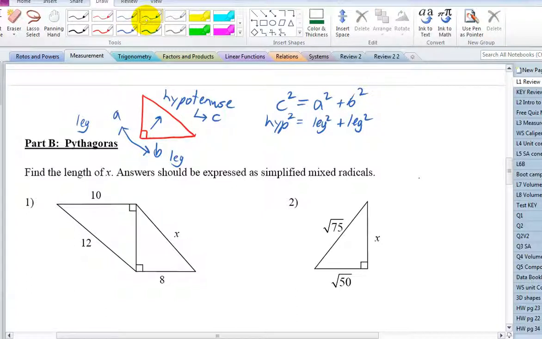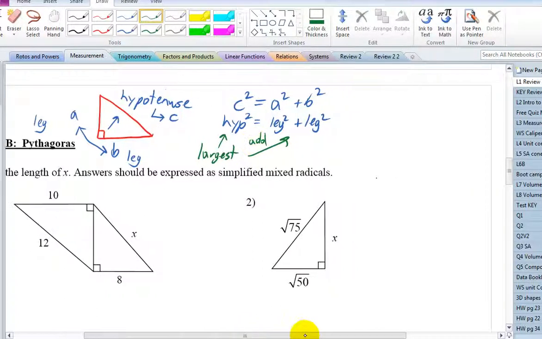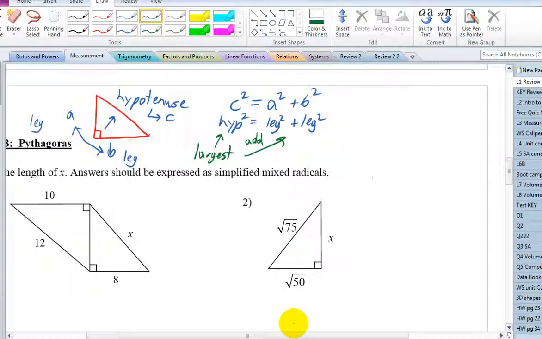And what can help you understand is that the hypotenuse has to be the largest. Therefore, you should add. The hypotenuse is always the largest, so you have to add them up. Compare that to when you're finding A squared equals C squared minus B squared.